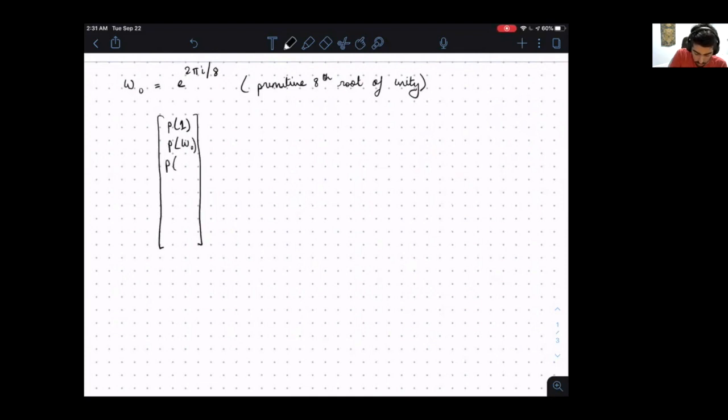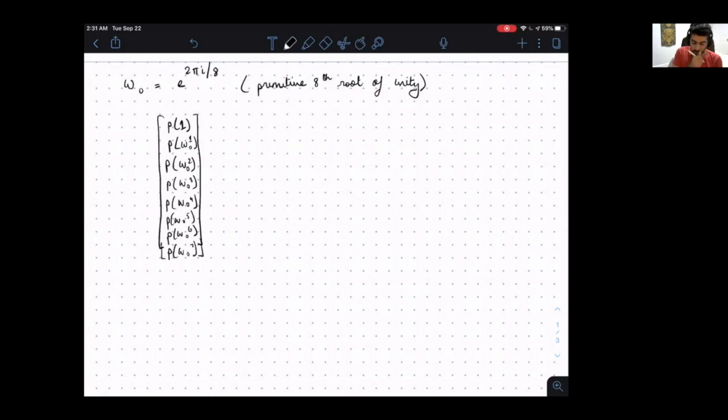Excuse me, this should be: p of 1, p of omega naught to the 1, omega naught squared, omega naught cubed, omega naught to the 4th, omega naught to the 5th, and so on, up to p of omega naught to the 7th.